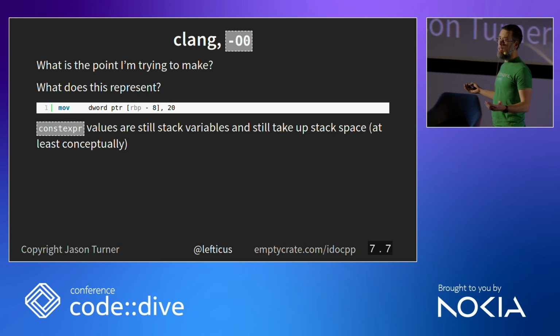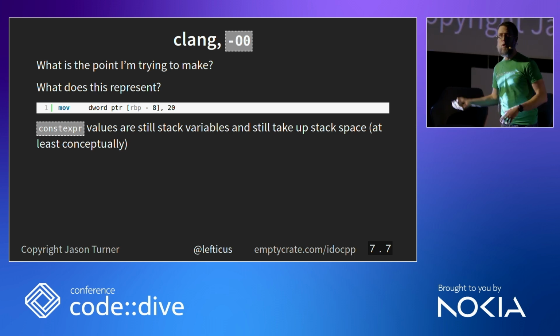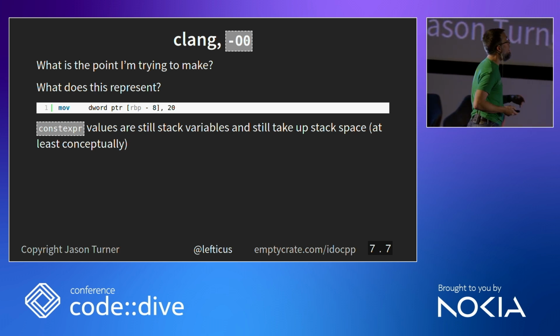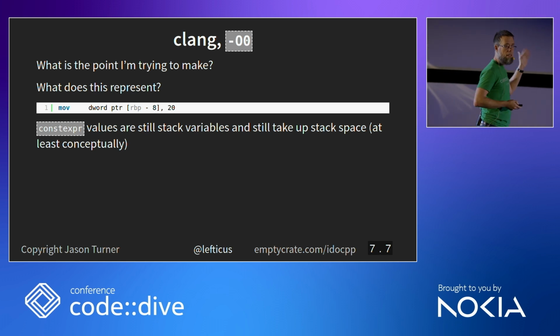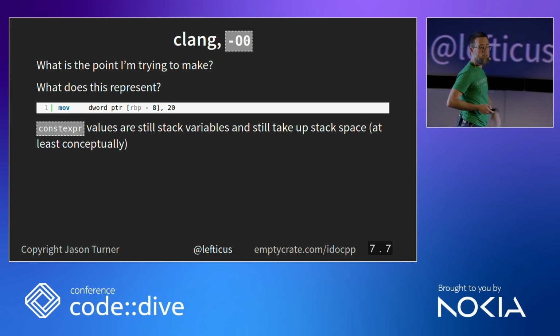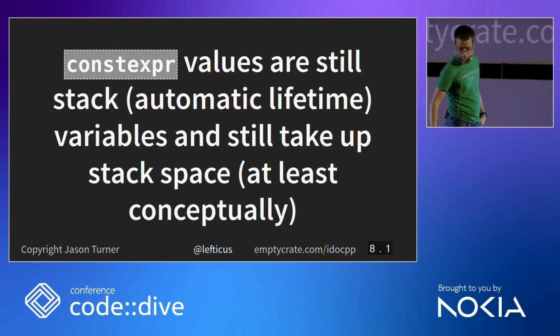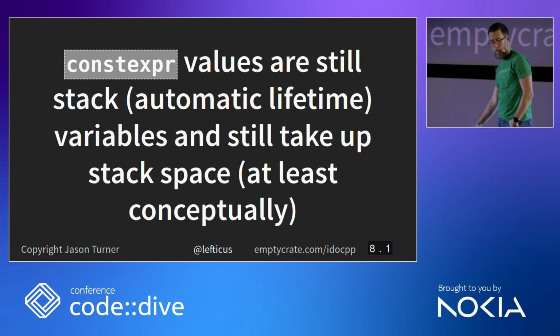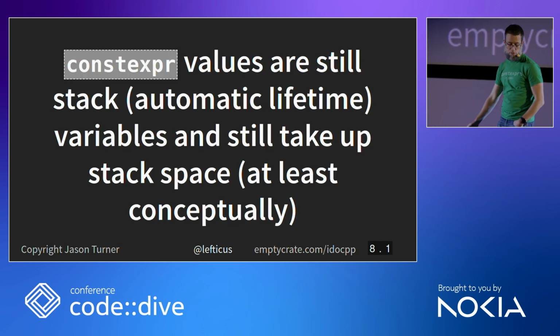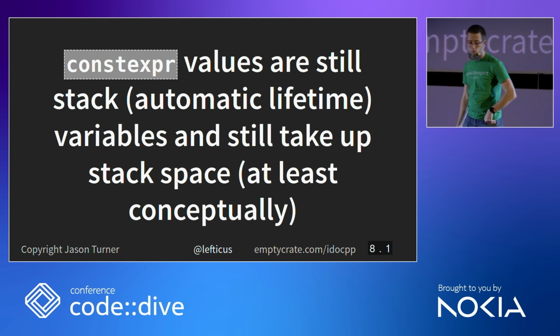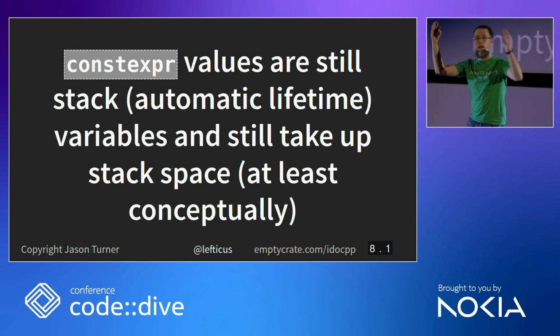Because in O3 or O2 or O1, we know it's going to eliminate the stack usage entirely. But at O0, we can see that this is at least theoretically taking up some stack space. So, first point: constexpr values are still stack, automatic lifetime variables that still take up stack space, at least conceptually.